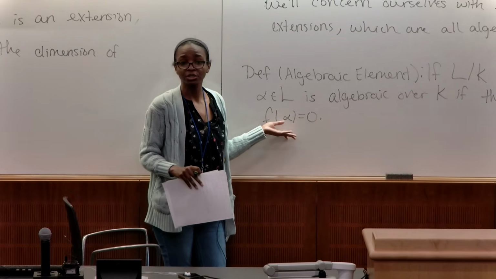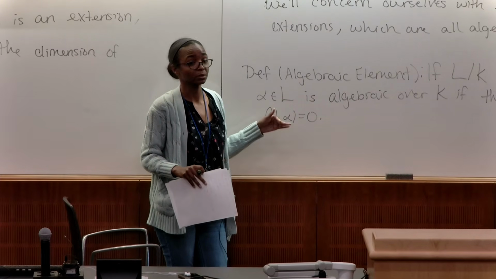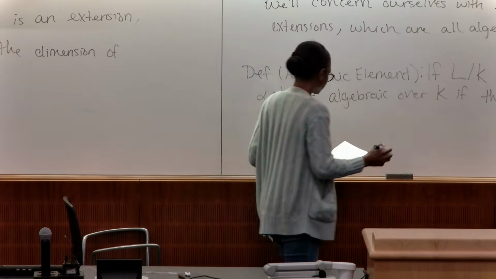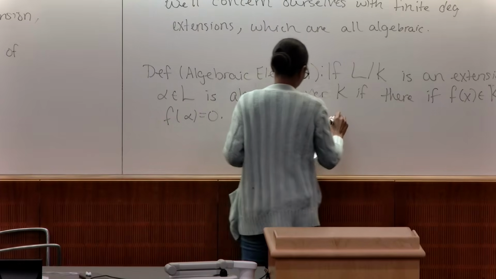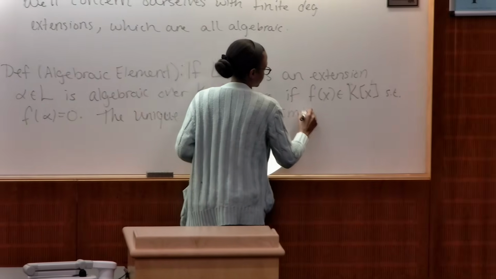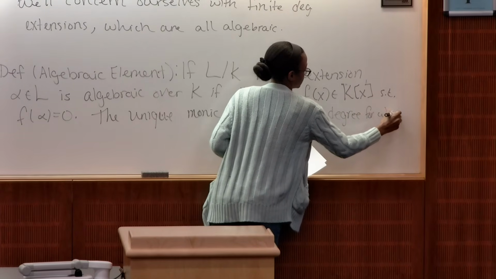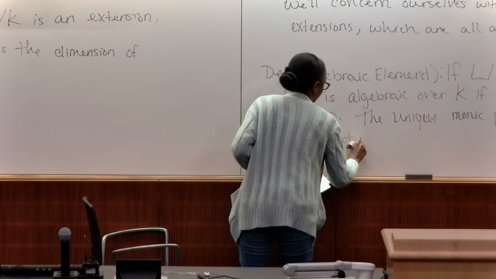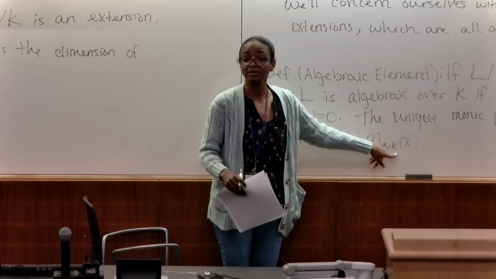And if you put an extra condition requiring that you're dealing with polynomials that are monic, then the smallest degree polynomial that is also monic is unique, and we call that the minimal polynomial of alpha over K. And I will often denote this as m sub alpha K, again to emphasize the fact that this is a relative notion.